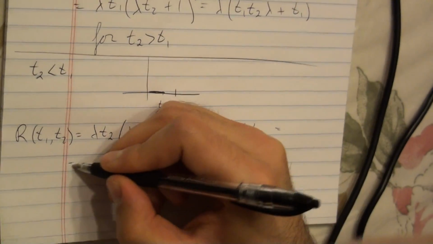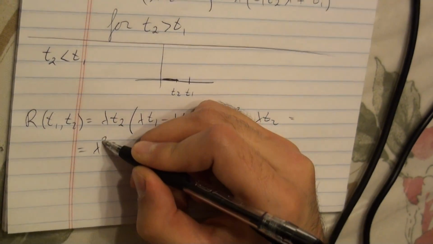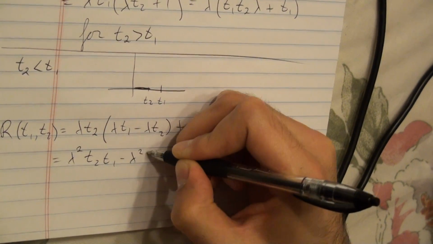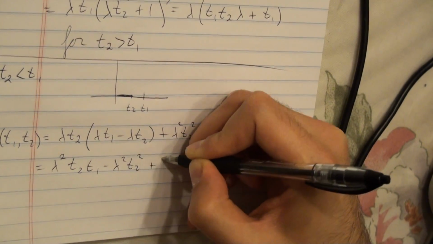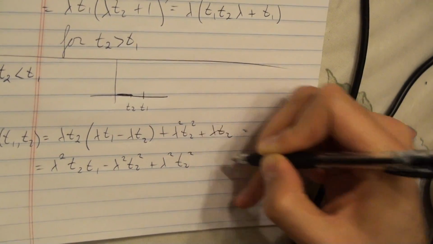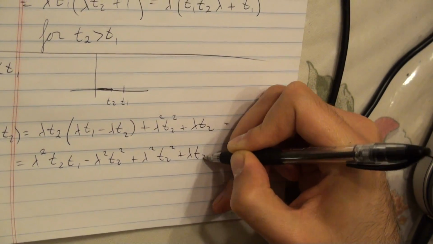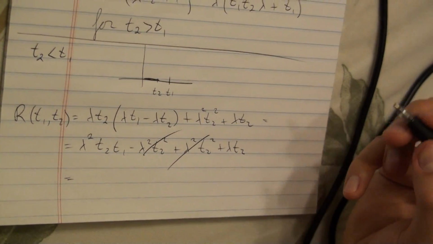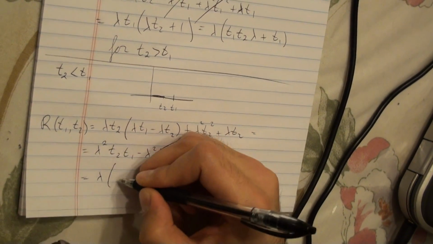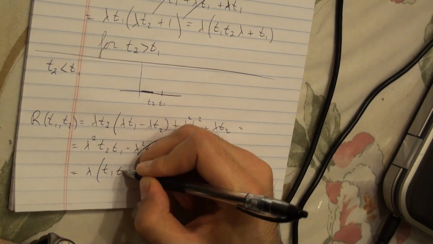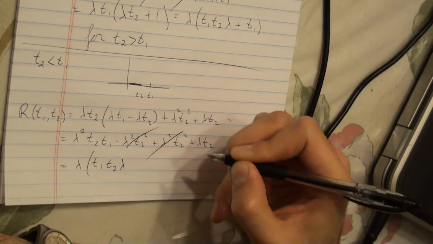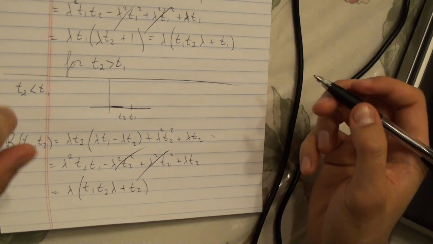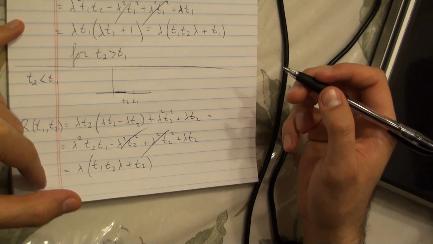So we open up: lambda squared t2 t1 minus lambda squared t2 squared plus lambda squared t2 squared plus lambda t2. These go away, and we can pull out the lambda. So we have lambda t1 t2 times lambda plus t2. This is for one case, and this is for the other case.